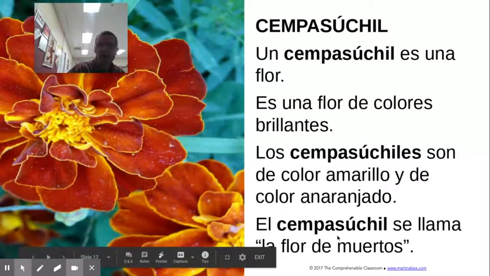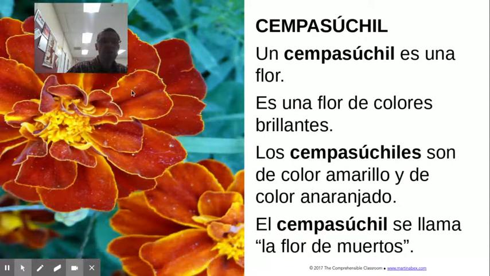El cempasúchil se llama la flor de muertos y también, also, es muy popular aquí en Kentucky durante el otoño, en el fall. Por ejemplo, a veces FFA vende cempasúchil para fundraisers.